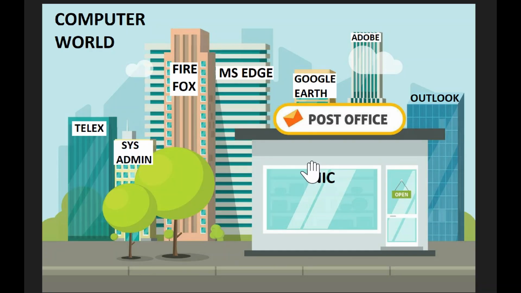Now, the post office here has no idea what's in the contents of the letters that come in and out of their facility, and they could make no sense of what's inside the messages.